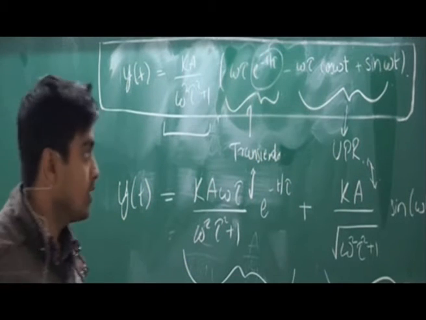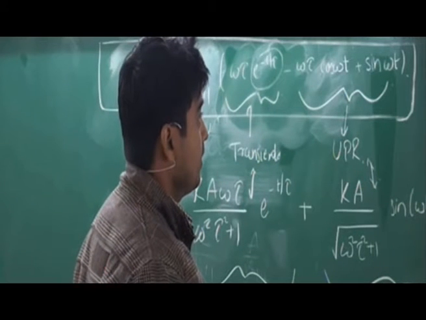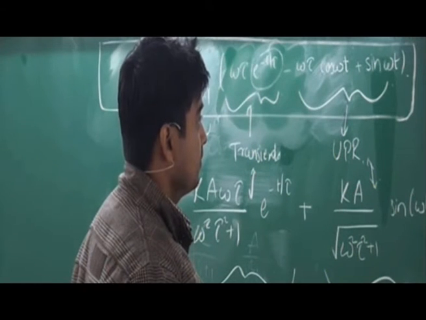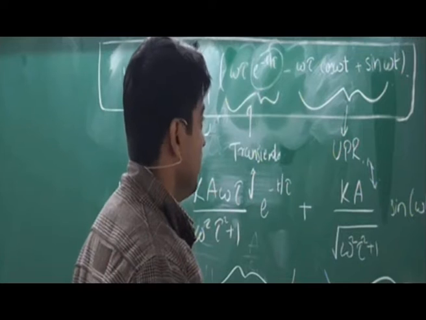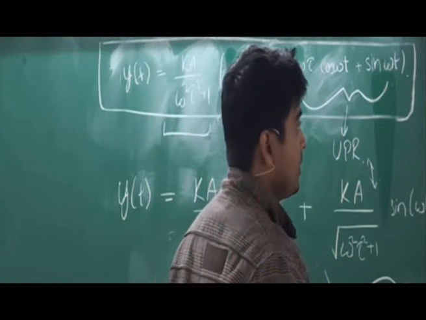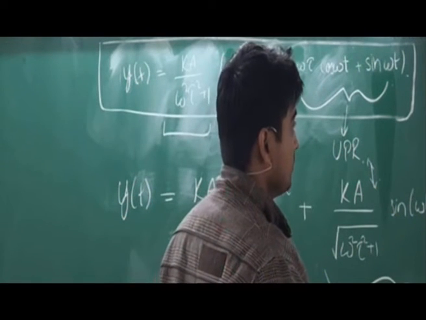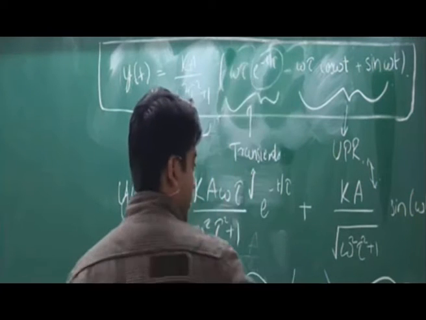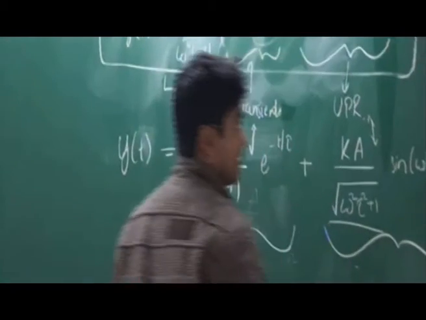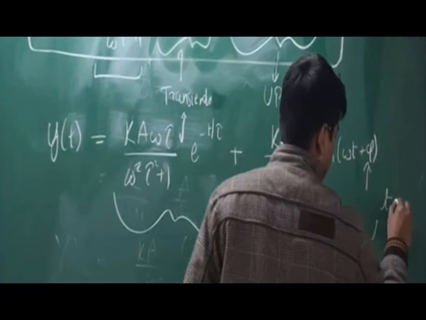So these are the two basic facts which we have discussed so far with the sinusoidal response of the first order system. Basically, we have two basic parameters in which we are really interested. One is called the amplitude ratio, and another one is the phase angle. The amplitude ratio is given by this quantity, and the phase is given by tan inverse of omega tau.